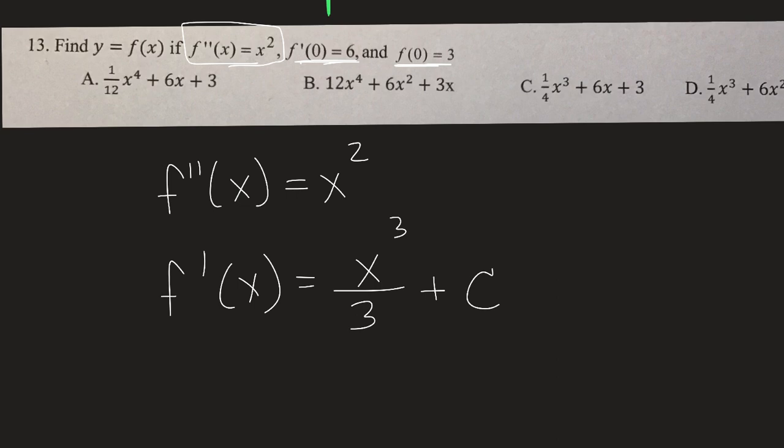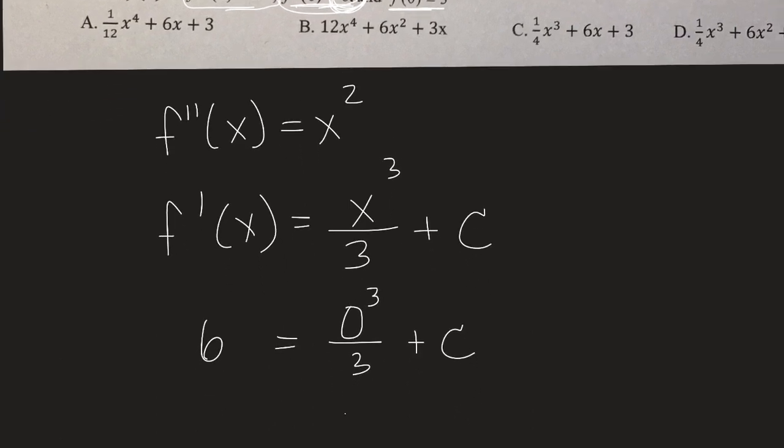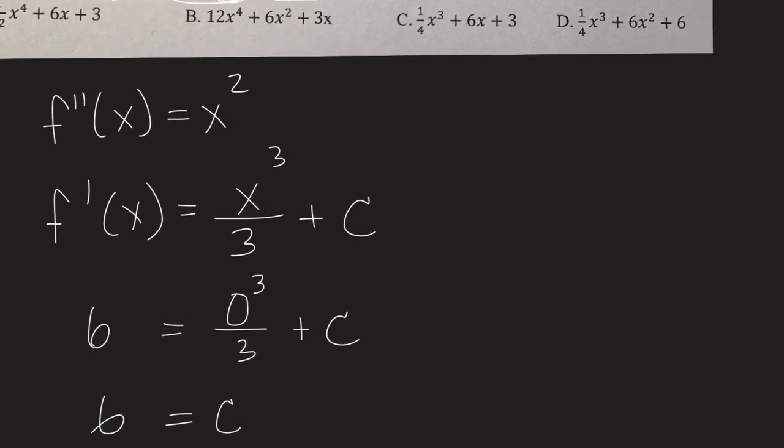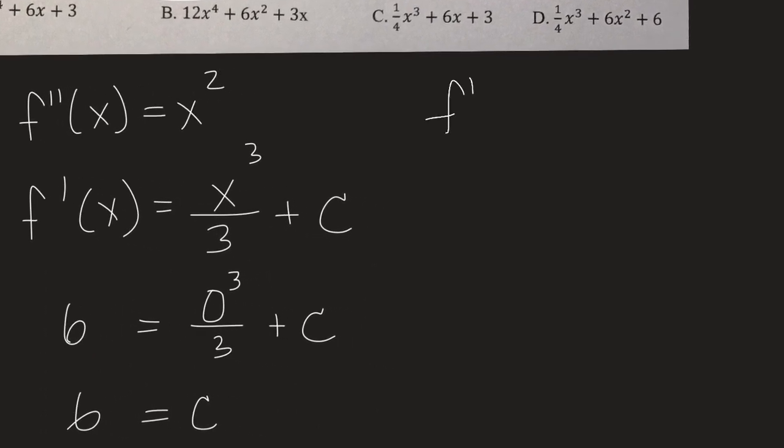Okay, now we're going to use our initial condition. We know that the y value is 6 when our x value is 0. We use this information to figure out what our c value is, and it looks like c is going to be 6. So our first derivative comes out to be x cubed over 3 plus 6.